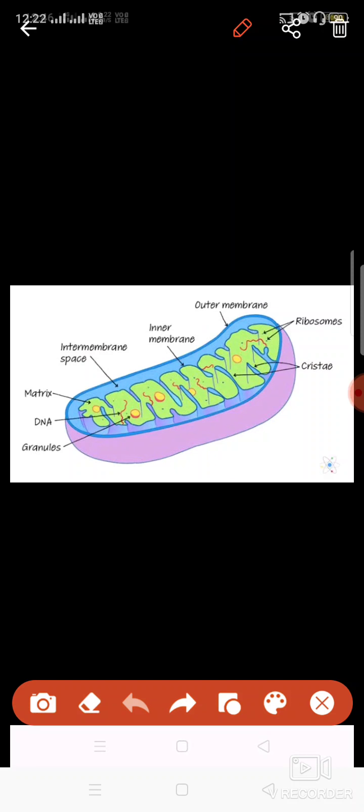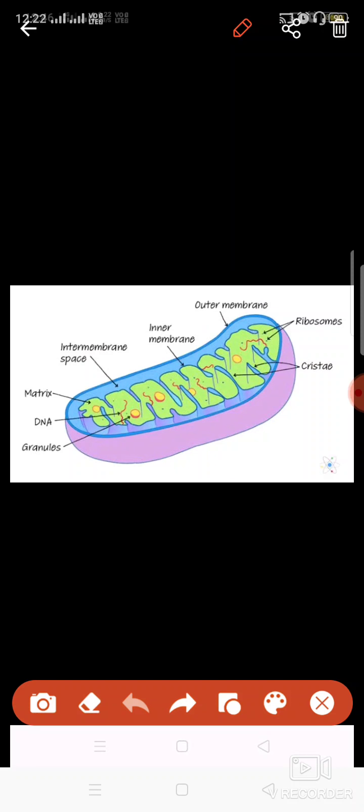Okay, now you will see that there is a matrix, which is basically a kind of semi solid fluid, you can say, which is present inside this mitochondria. This fluid is basically the site of all the metabolic activities which are carried out inside this one.